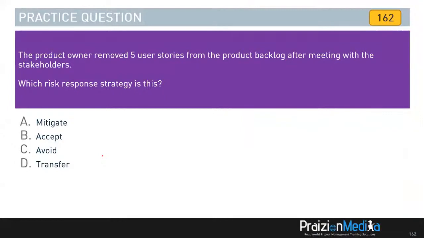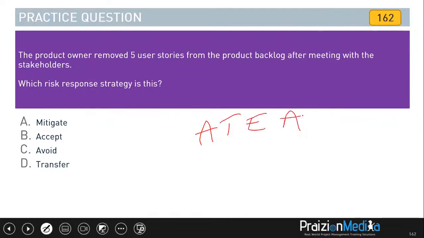All right, so you should understand the responses in the PMBOK guide. You've got accept, transfer, escalate, avoid, and mitigate. So which of these is it? When you cut off a chunk of the project, when you take out the scope, you have just done an avoidance.